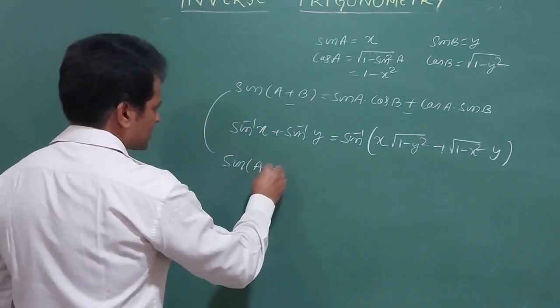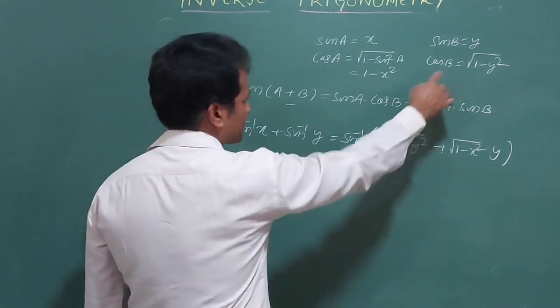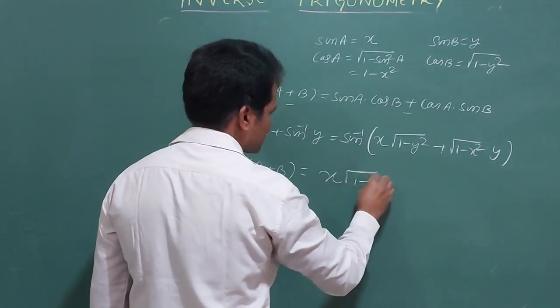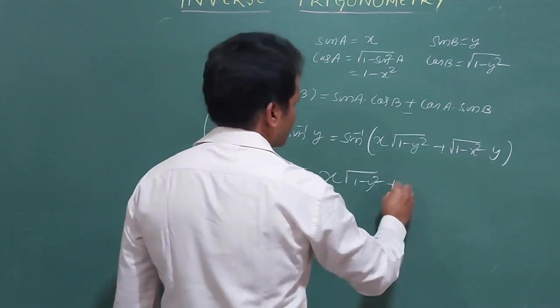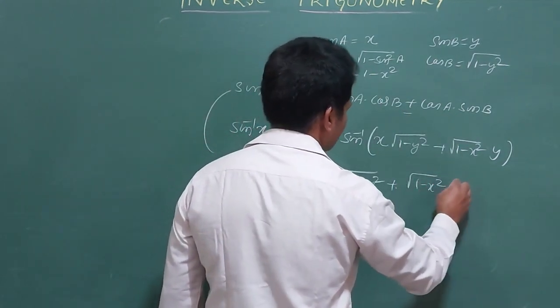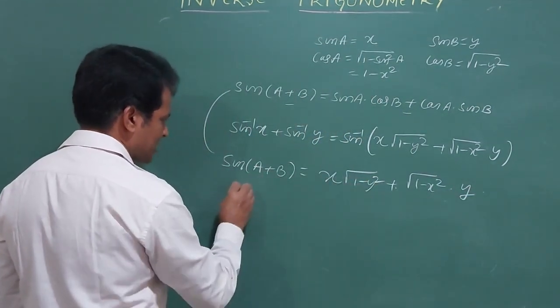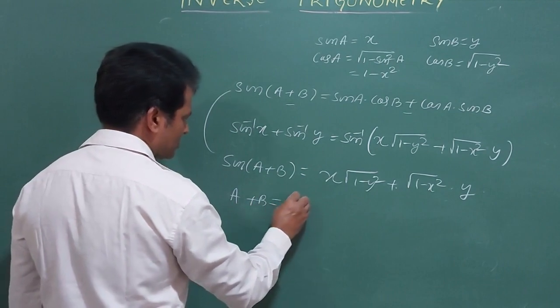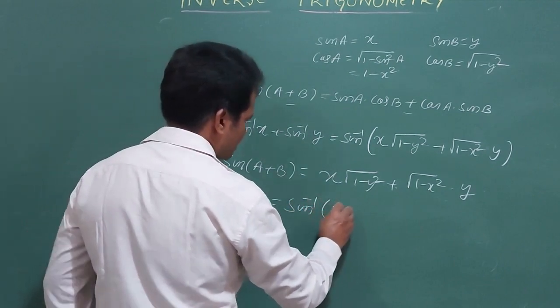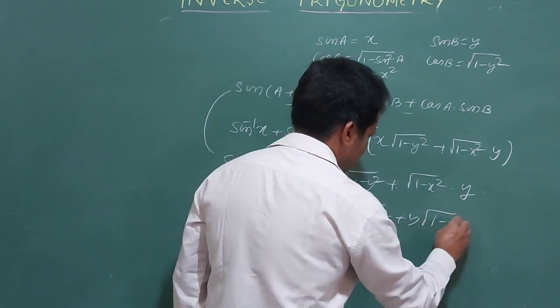So sin A plus B is equal to sin A, which I have taken as x, times cos B, under root 1 minus y square, plus cos A, under root 1 minus x square, times sin B, y. Apply sin inverse to both sides: A plus B is equal to sin inverse of x under root 1 minus y square plus y under root 1 minus x square.